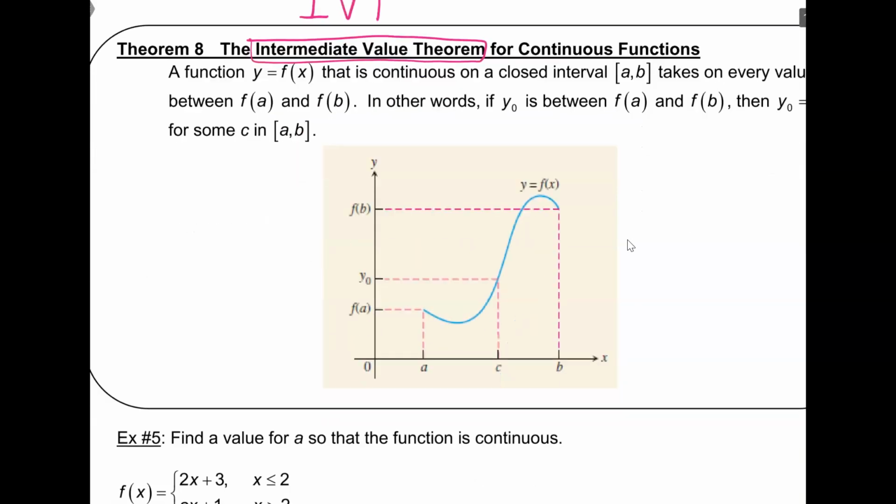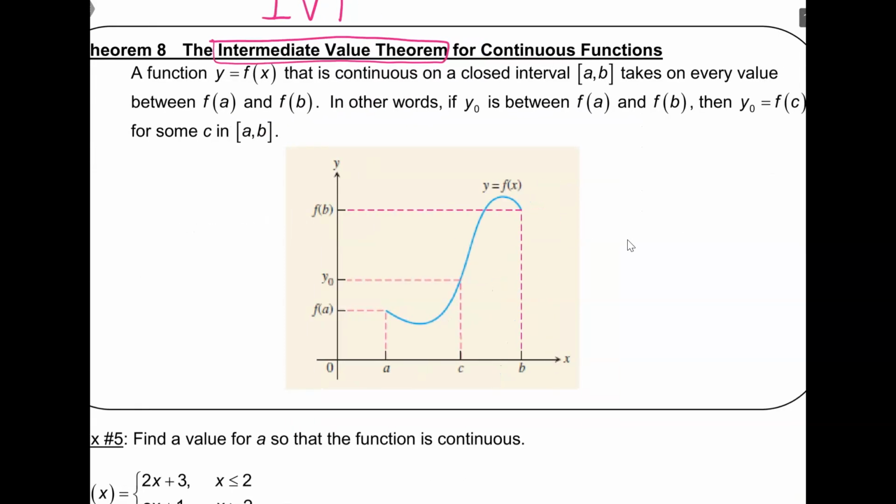Intermediate value theorem for continuous function. So I have a function y equals f of x. It's continuous on a closed interval. So there are no holes, no discontinuities. It's just smooth, continuous.